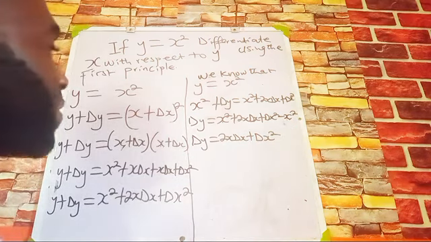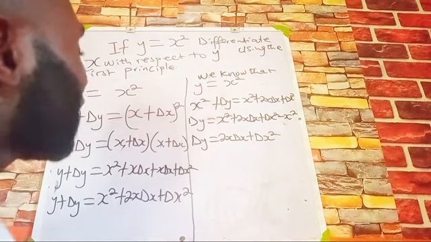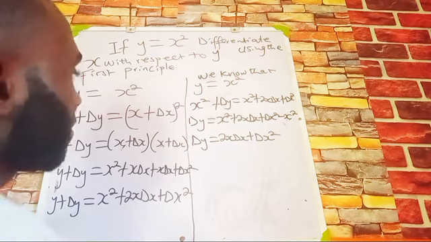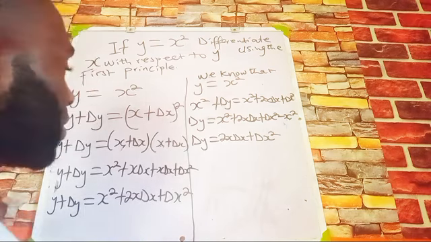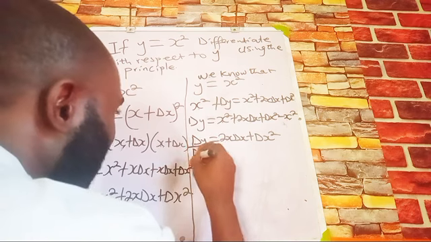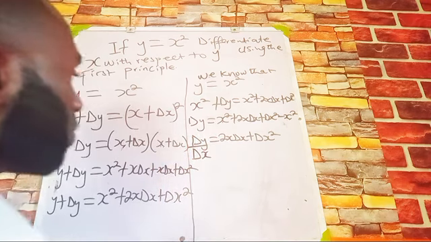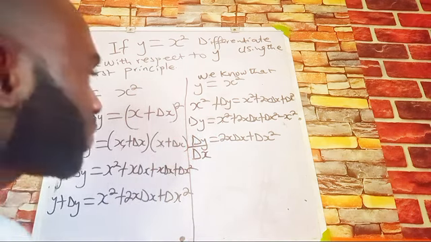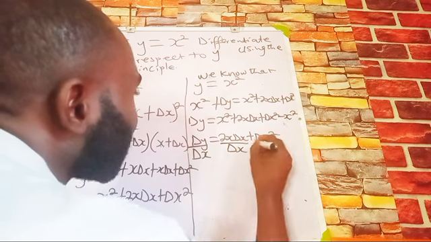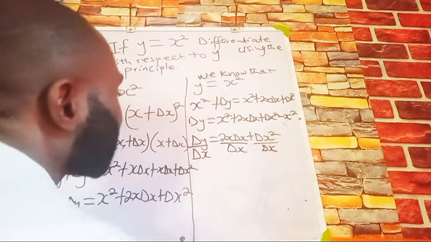So from here, we are going to divide both sides by dx, because the question says we should differentiate y with respect to x. As I explained from the initial point, we are trying to have it in form of gradient, which is slope. Then we divide both sides by dx.